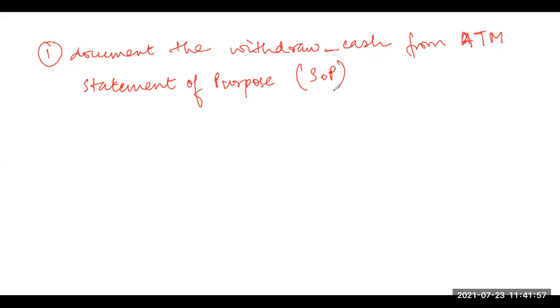I will directly start with how we document the functional requirements. But generally, if there is a functionality not known to the analyst, he starts with the SOP.